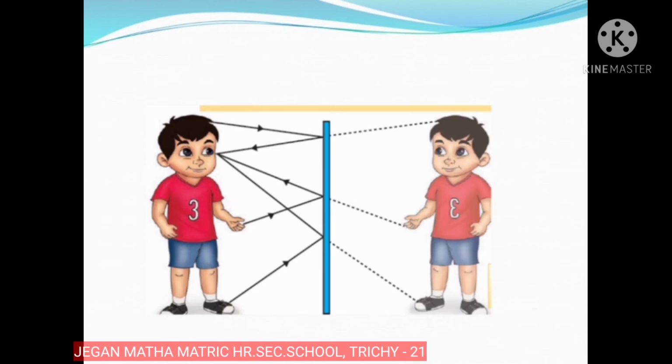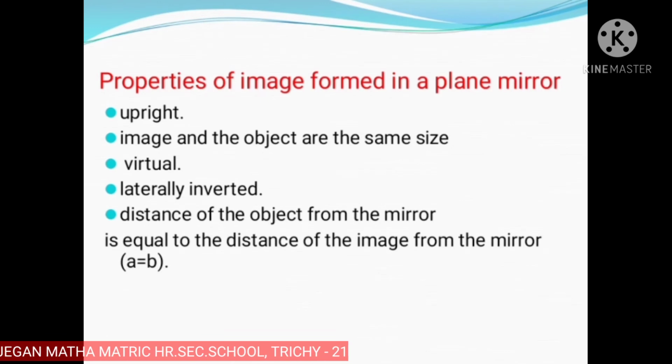So what are the properties of image formed in a plane mirror? The image is upright, the image and the object are the same size, the image is virtual and it is laterally inverted, and the distance of the object from the mirror is equal to the distance of the image from the mirror.